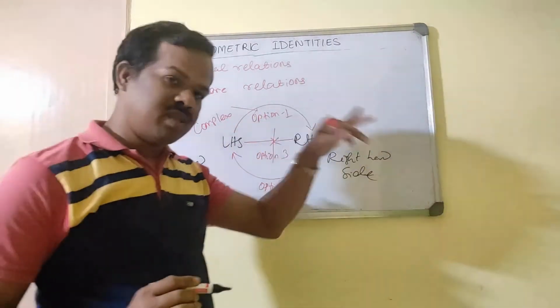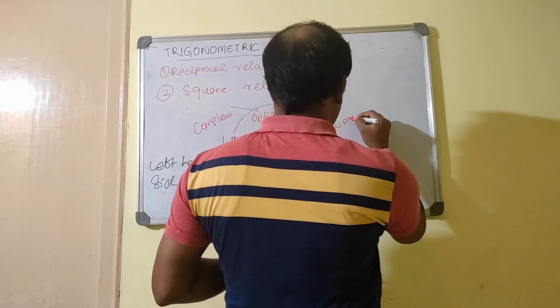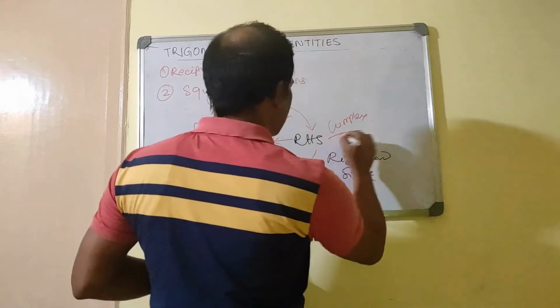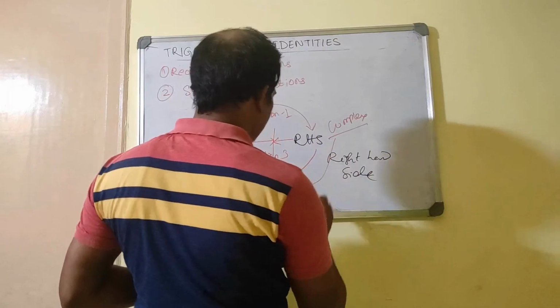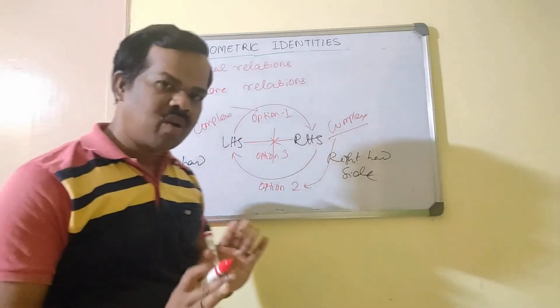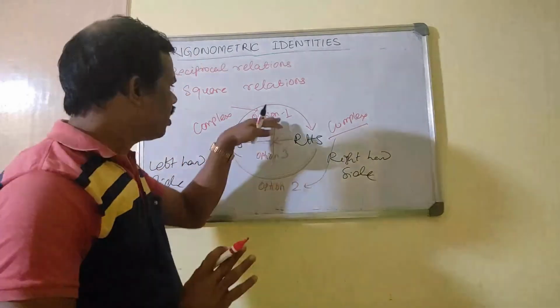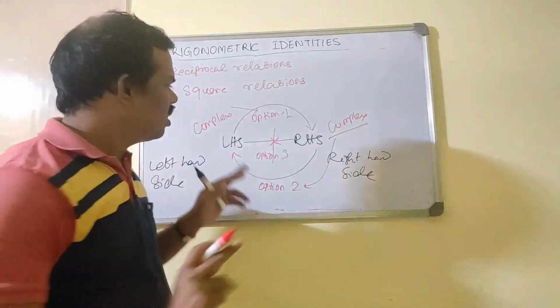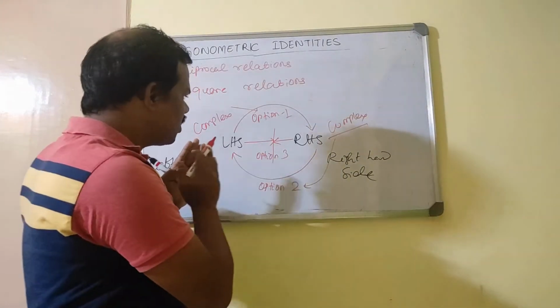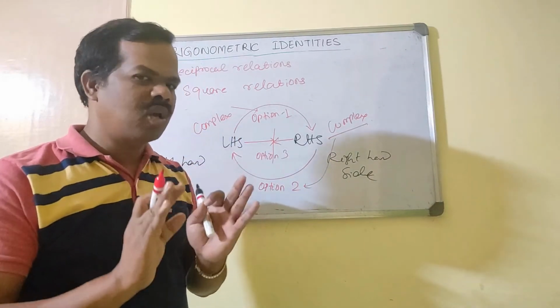If RHS is very complex, then use option 2. If complexity wise both are complex and you are not able to decide whether to use option 1 or option 2, then use option 3. Simplify both sides and bring to a single conclusion.